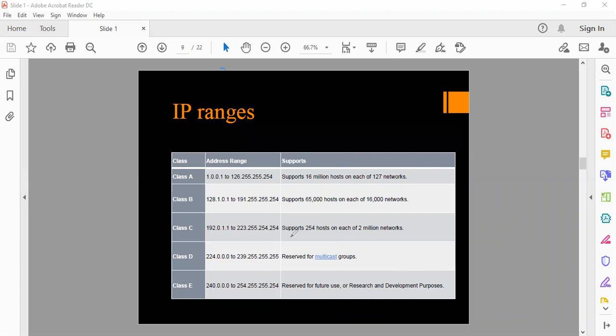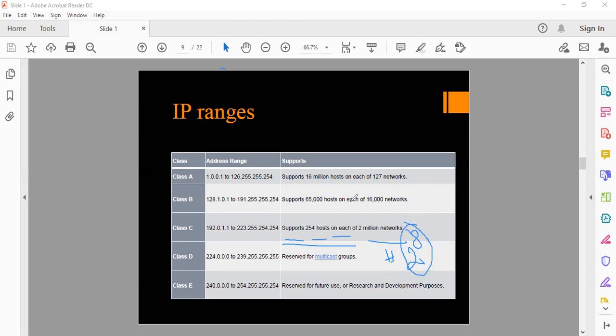Yes. Suppose in that case, as I said, in class C you will use 3 octets for your networks, while the remaining octet is reserved for your hosts. This means 2 raised to power 8.